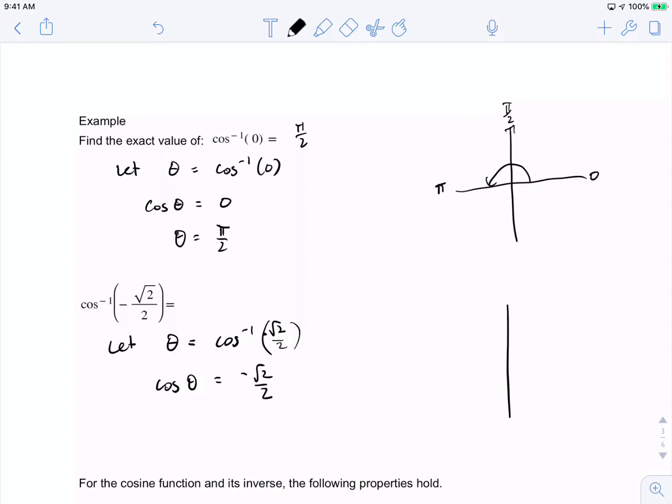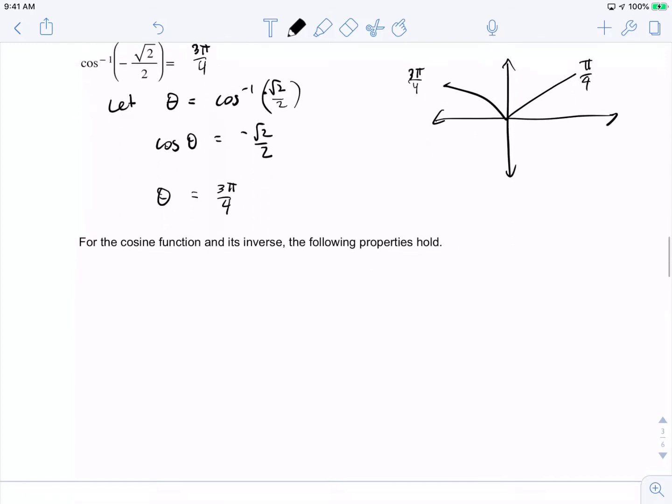And so when we look at it, again, restrictions are first and second quadrant, and cosine refers to x, so we know that radical 2 over 2 is at pi over 4, but it would also be the same x value at 3 pi over 4, with opposite sign, and so we end up getting our theta to be 3 pi over 4. Okay.